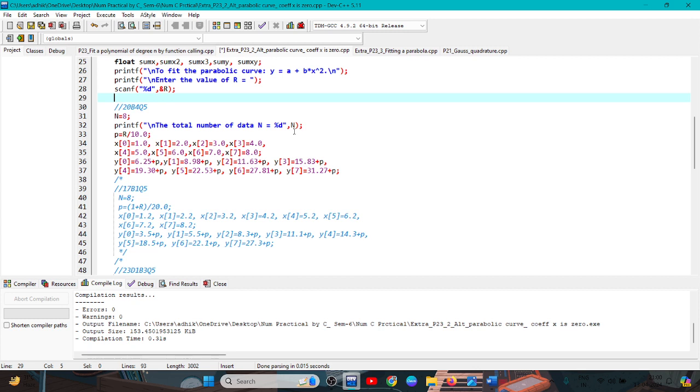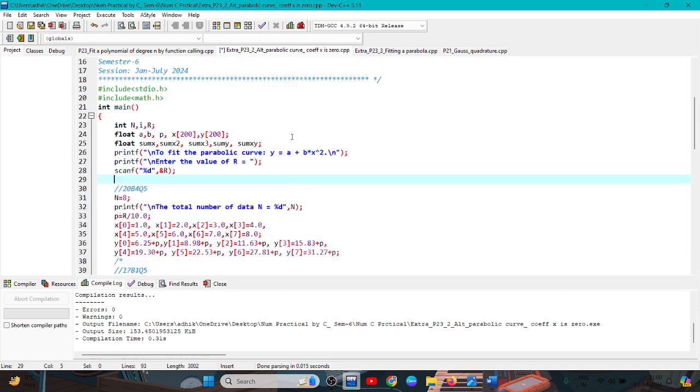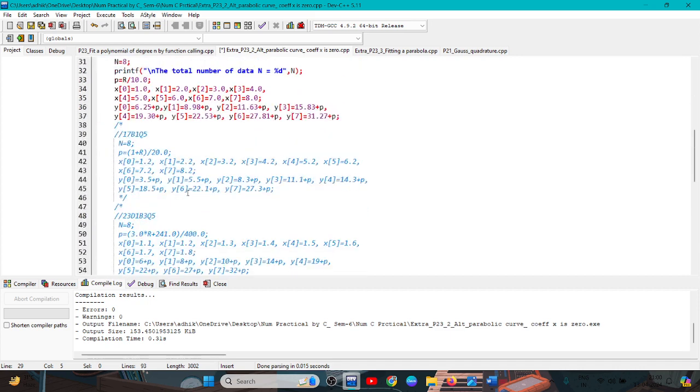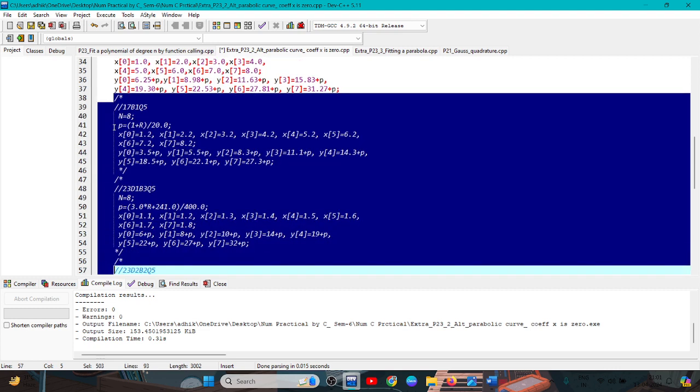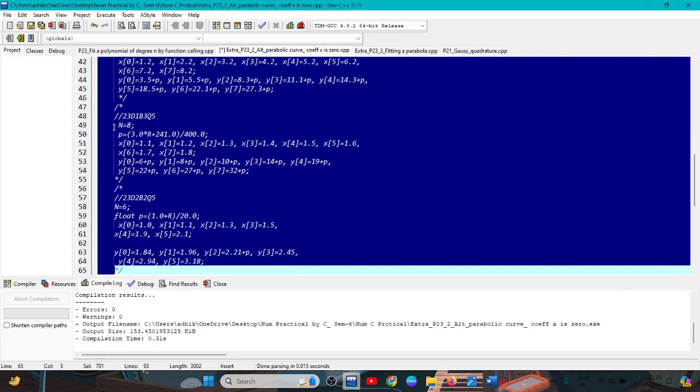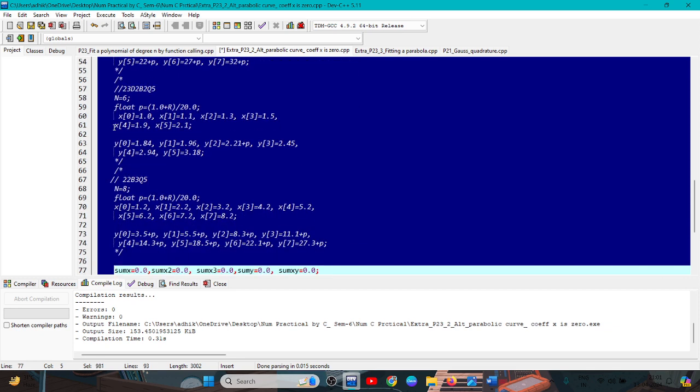These are the given data for x and y, a separate list of data. We now delete all these data.